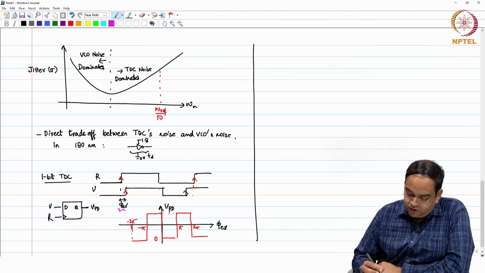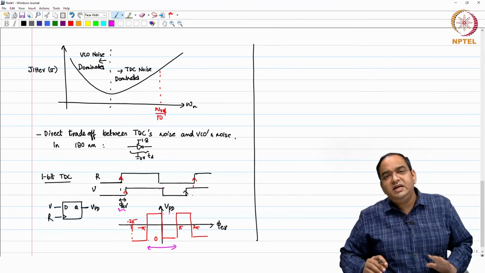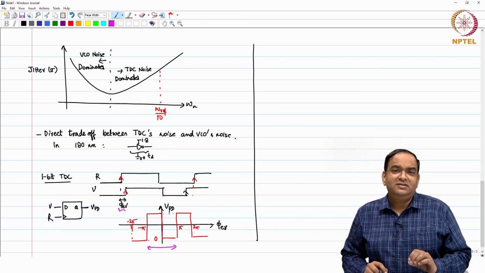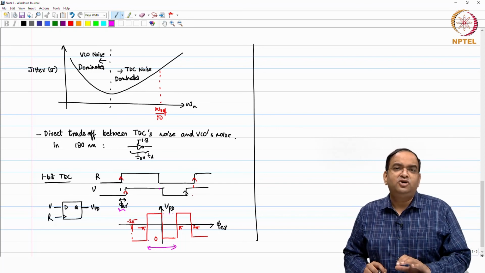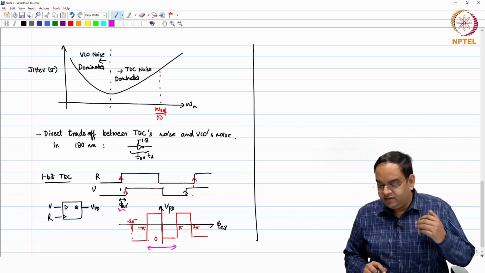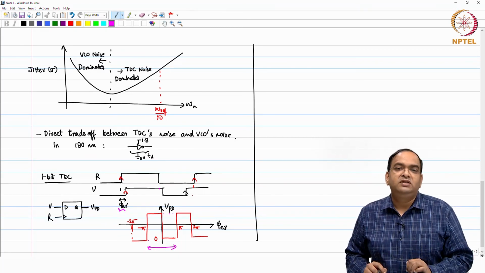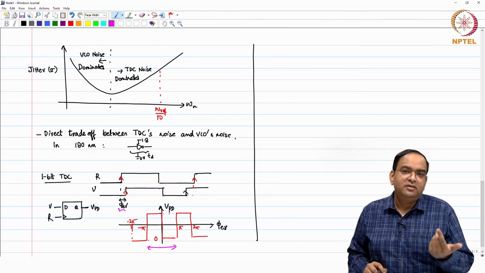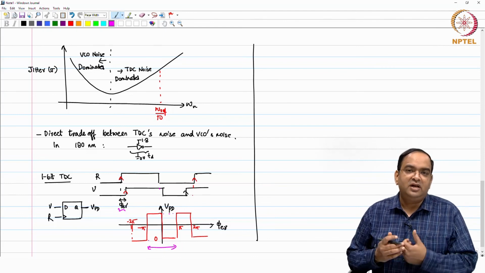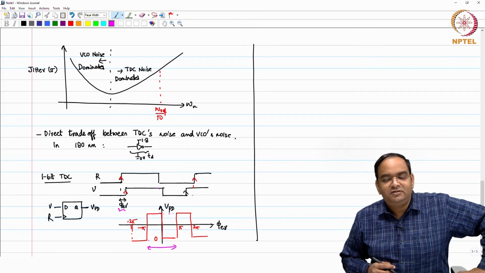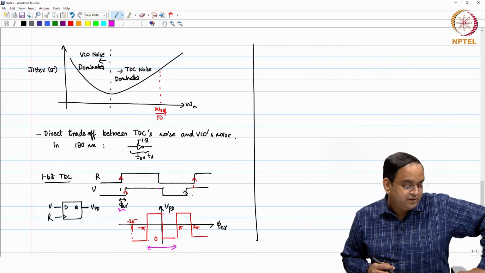So, the range of a 1 bit TDC is limited. This is the worst TDC which one can use in terms of quantization noise, but it is actually the best TDC in terms of power consumption, because you use only a single flip flop. There are no delay cells, there is nothing. You only check whether your phase error is greater or lesser.